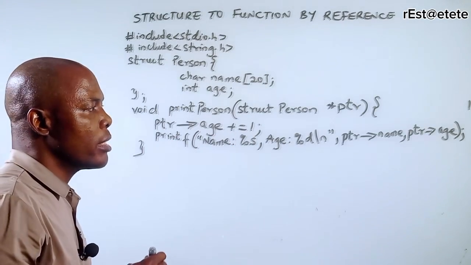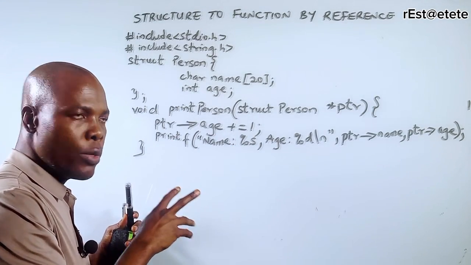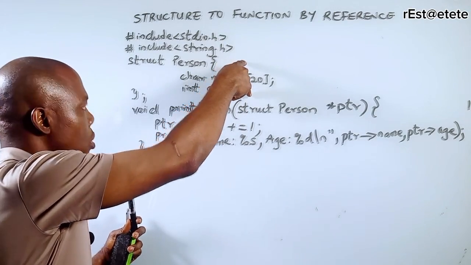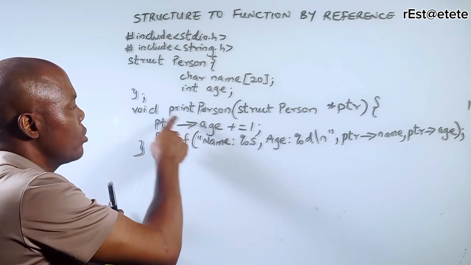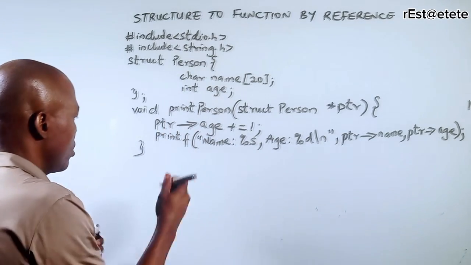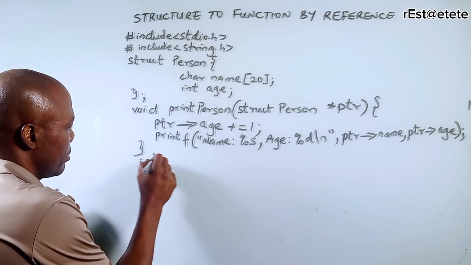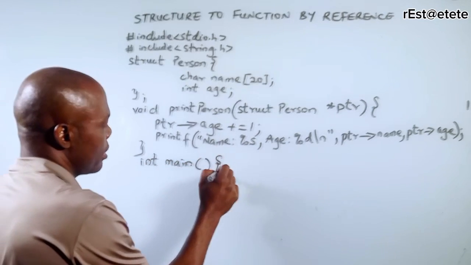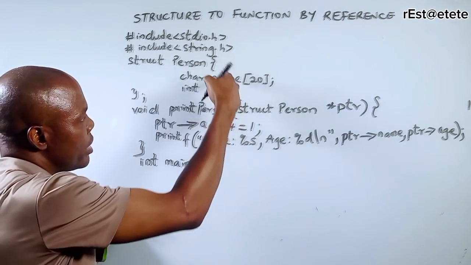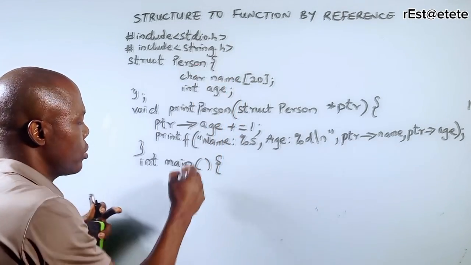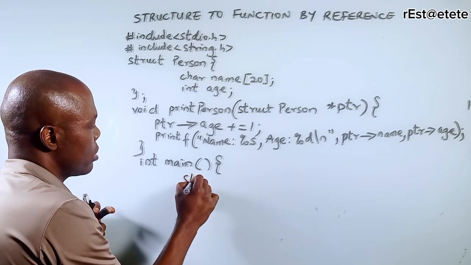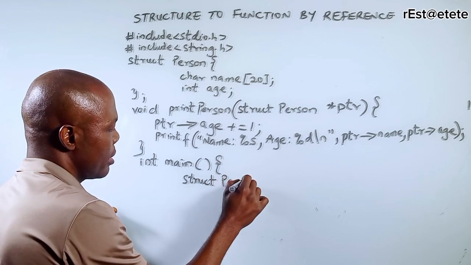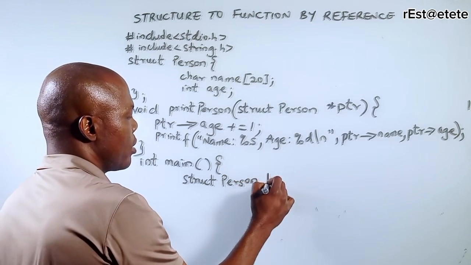Now I'm going to create my main function where I will create the variable of this structure and then pass it to this function. So int main, this is my main function. Inside it, I'm going to create the variable of this structure: struct person, let's call it P1.